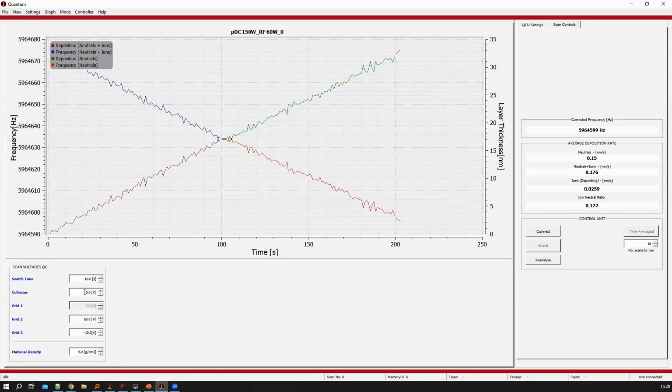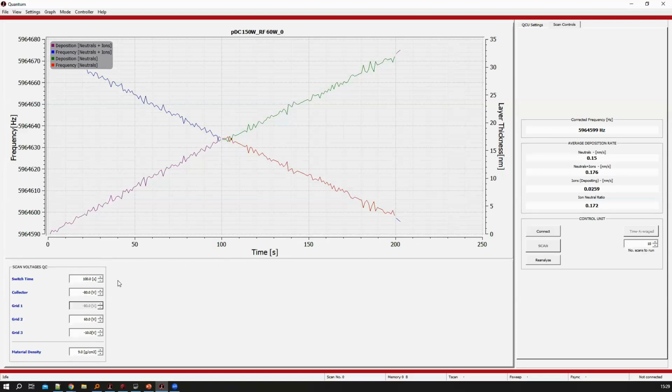It doesn't matter what it is really. And you can set the collector voltage and G1 voltage, your electron repeller. So this is usually minus 80 or something like that. So this blocks the electrons, this blocks the ions, and then you have a switch time. And what the switch time is, either all these grids are at 0 and letting everything in, or they have these potentials applied, and it will switch back and forth over this time frame. So in this case, it was 100 seconds.